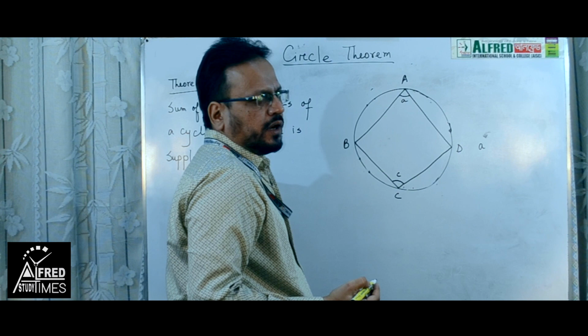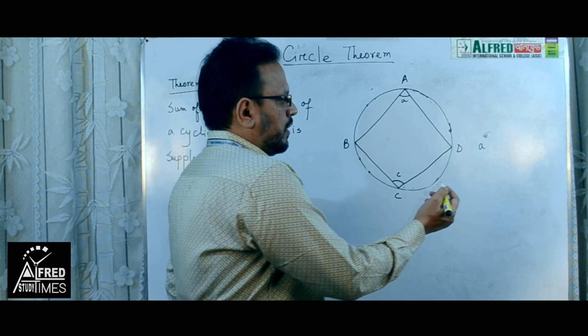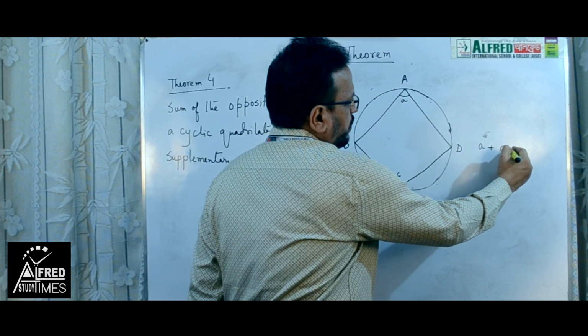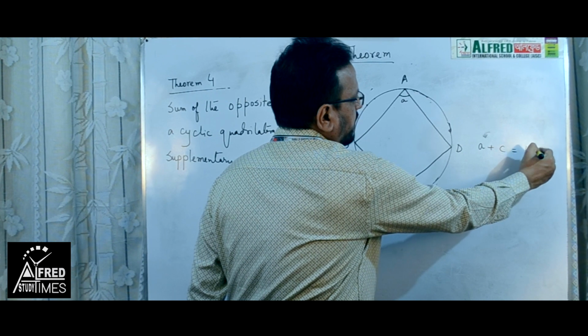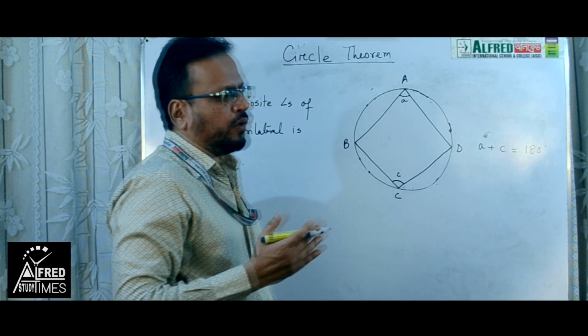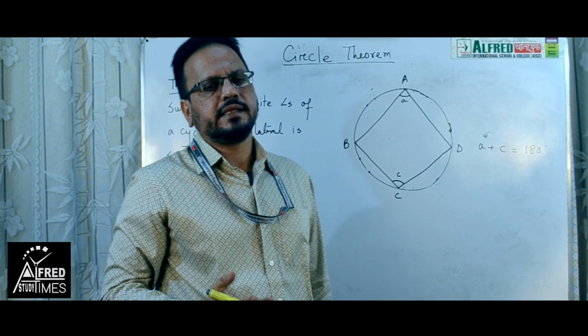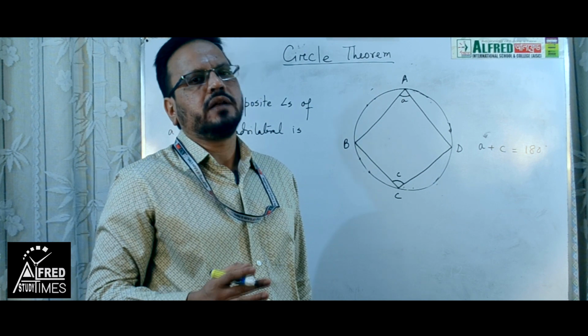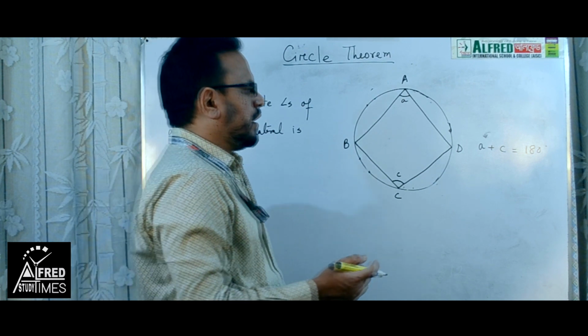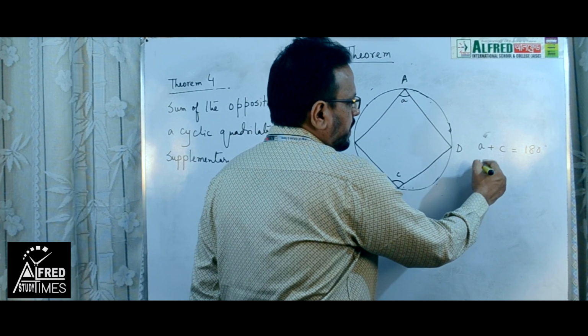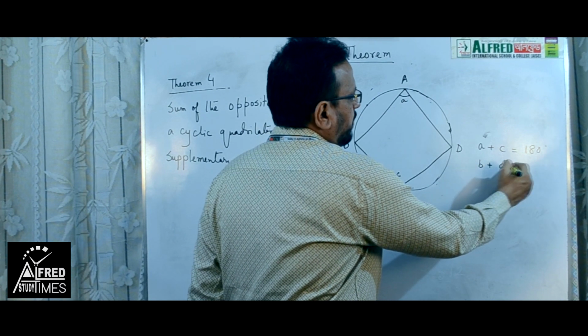The proof is not in your syllabus, so I will show you the proof, but it's not in your syllabus. You just have to know the theorems in IGCSE, Edexcel, and implement them to solve the problems. But it is better if you know the proof, it will help you.